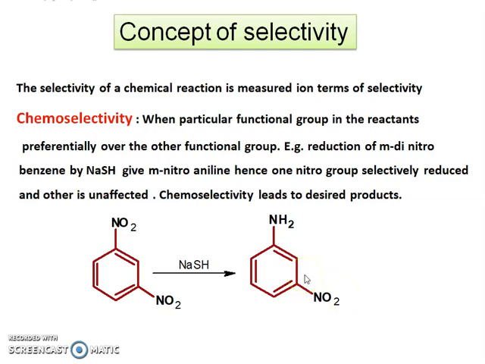The reduction of crotonaldehyde. You know crotonaldehyde? Crotonaldehyde is also such an example, which can be reduced by using lithium aluminum hydride. The lithium aluminum hydride gives trans-crotyl alcohol only, because lithium aluminum hydride reduces only the aldehyde group but does not affect the carbon-carbon double bond, which is a nonpolar functional group.